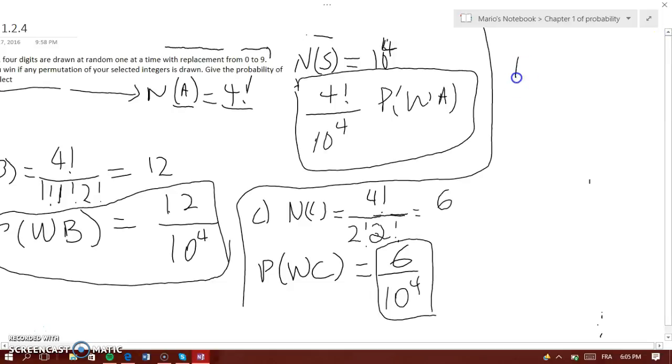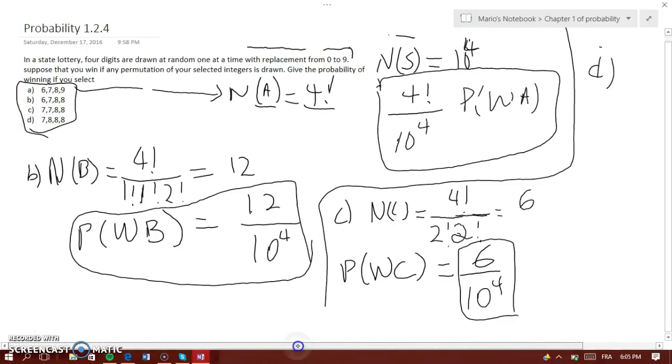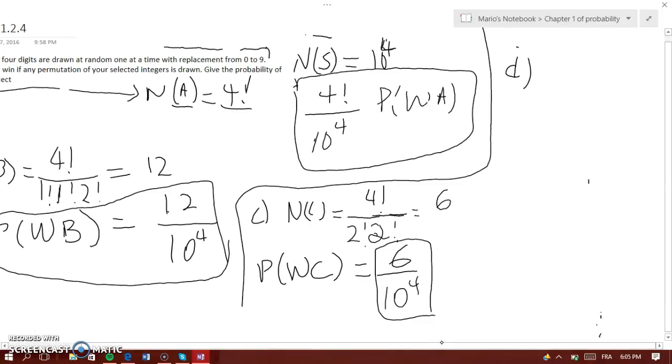Now D. For D, we have 7, 8, 8, 8. So the number, again, for D would be 4 factorial over, we have 1 7, so 1 factorial, and we have 3 8s, 3 factorial.